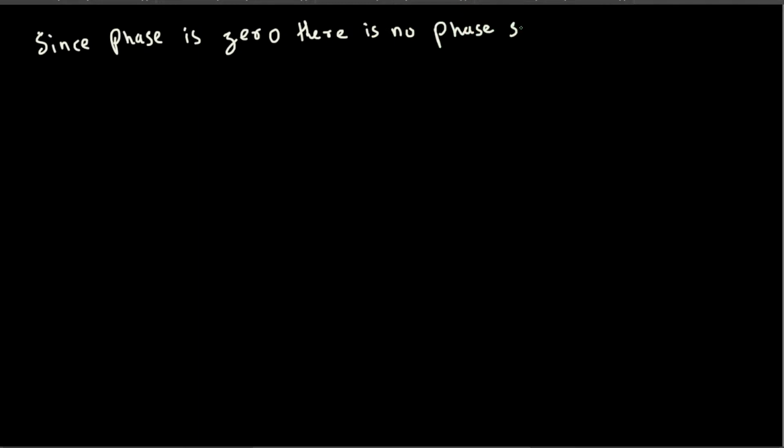Now we have to draw the diagram. Since the phase is 0, there is no phase spectrum.